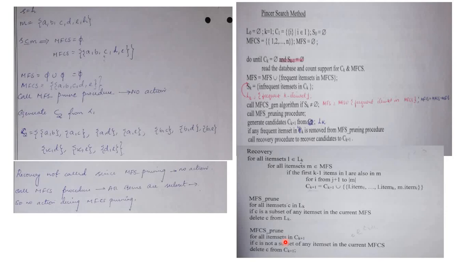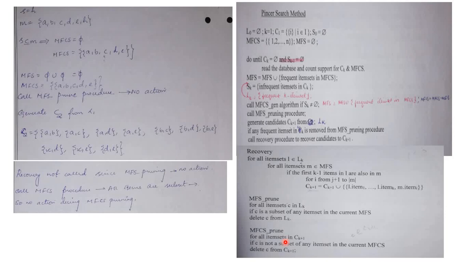The MFCS procedure is called in order to check whether all items in candidate item set C2 or C3 are also present in MFCS, because every item that is present in a C must be present in a maximal frequent candidate set. Otherwise there is loss of item sets.